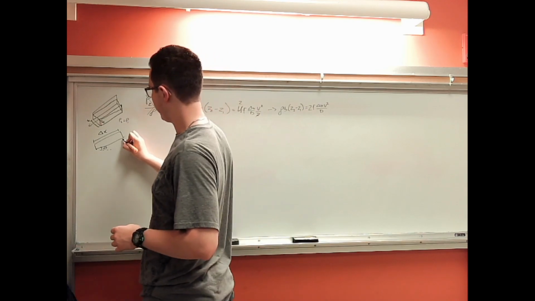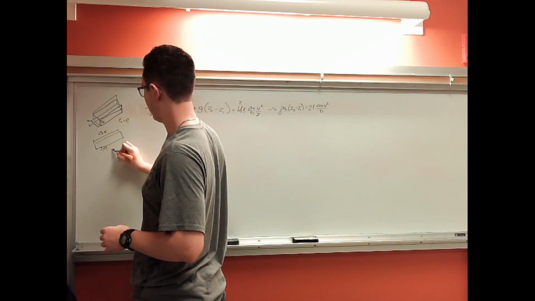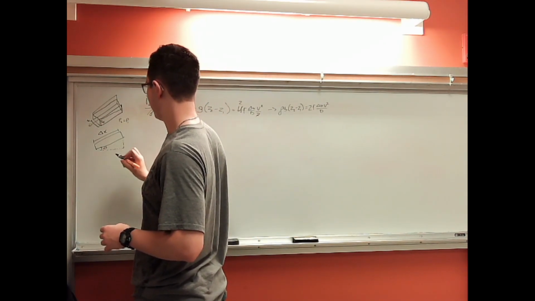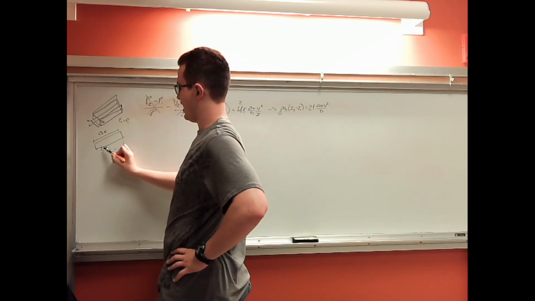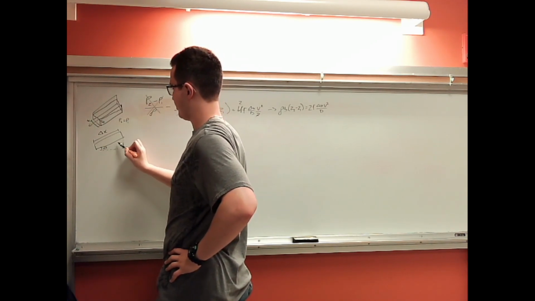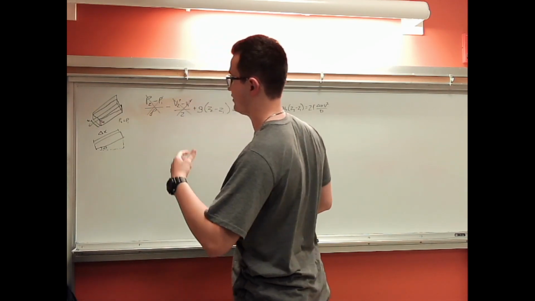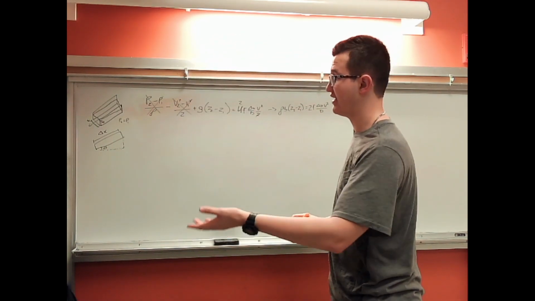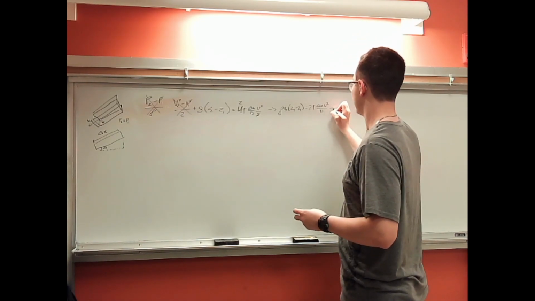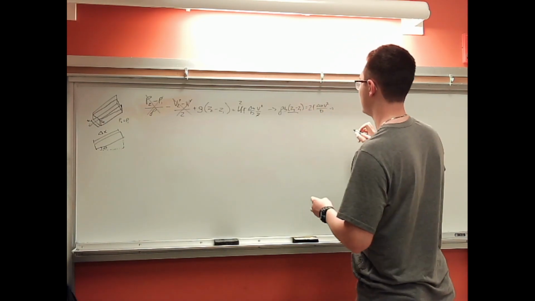The fact that we have a triangle here, we can just use sine theta is equal to height over the hypotenuse. So hypotenuse times sine theta, the length delta x times sine theta, is equal to this here.